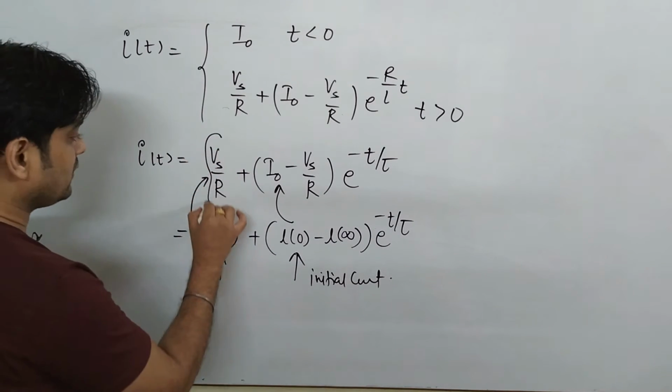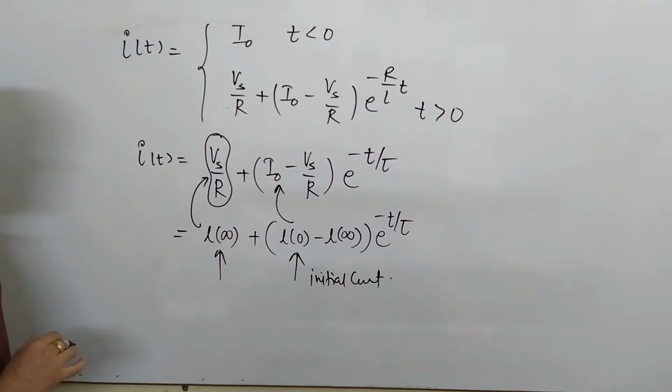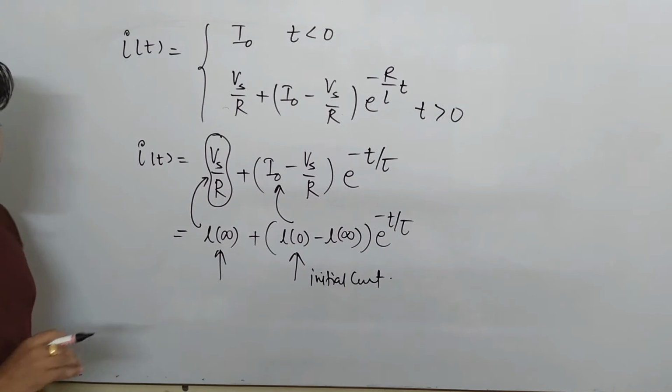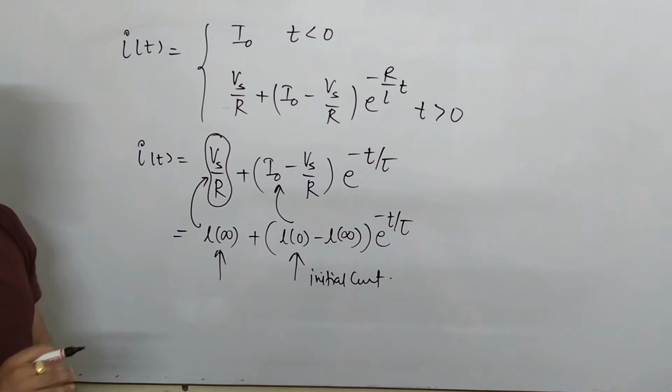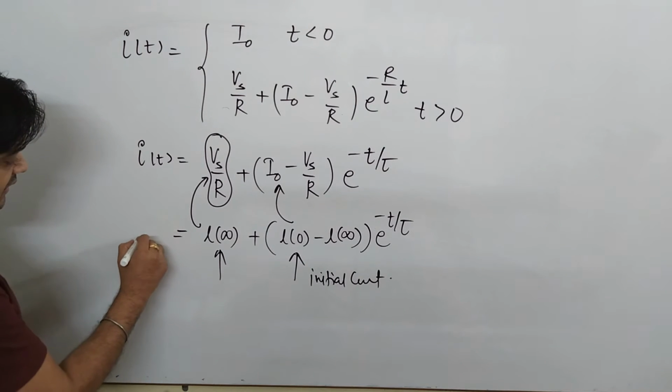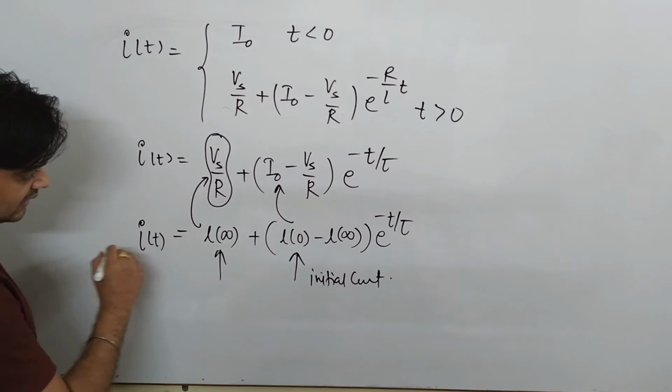Why? Because you have seen this Vs upon R factor will become constant. So this steady state value will remain in the circuit once your initial current dies out with certain transient. Okay, that depends upon the time constant. So you can say that the value of I(t) is basically in this term.